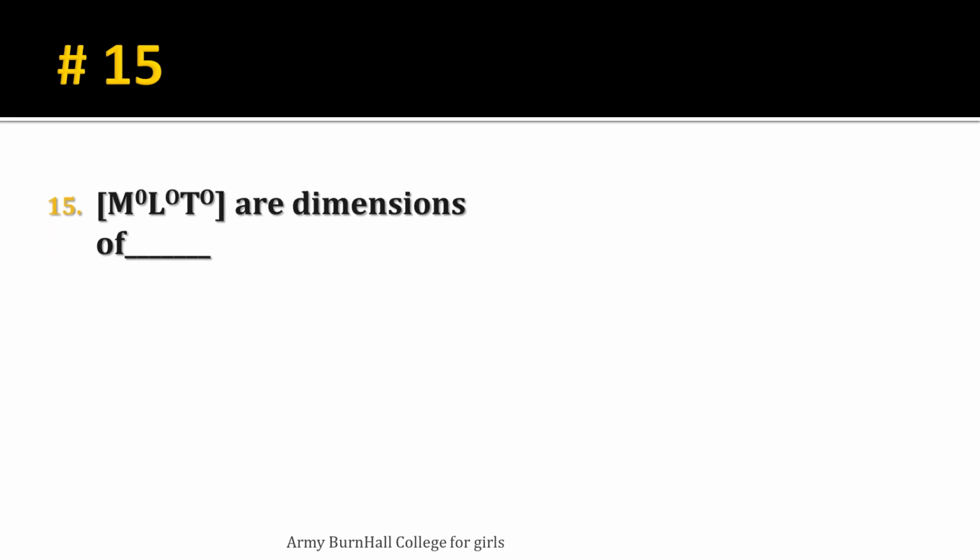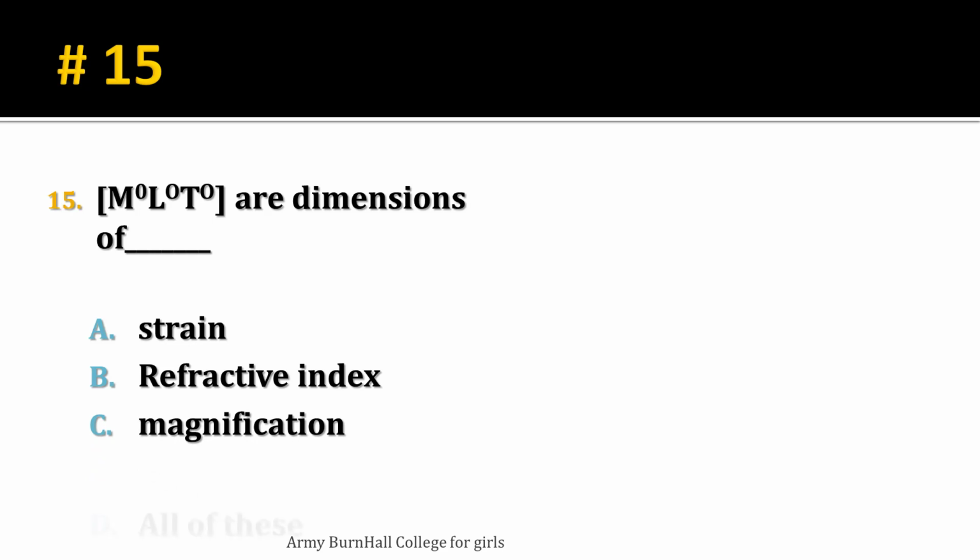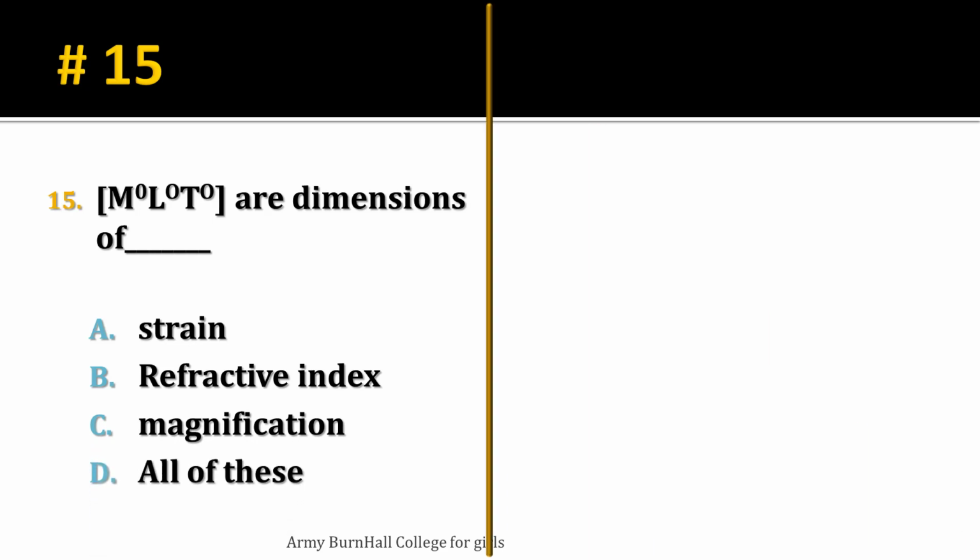Number 15, dimension m raised to power 0, l raised to power 0, t raised to power 0 are dimensions of option A strain, option B refractive index, option C magnification, or option D all of these. So no dimension, dimensionless, m naught, l naught, t naught means no dimension.